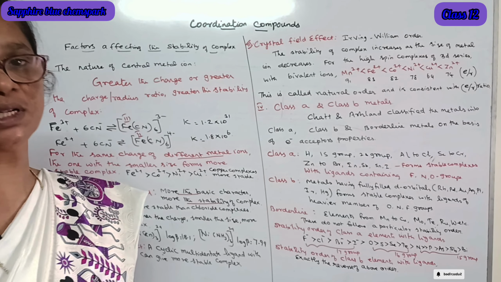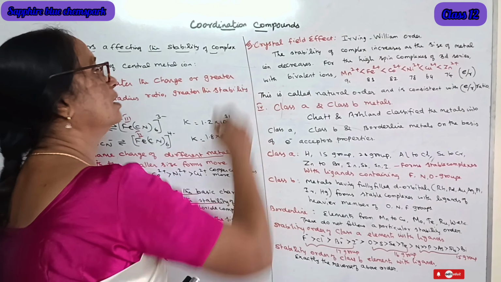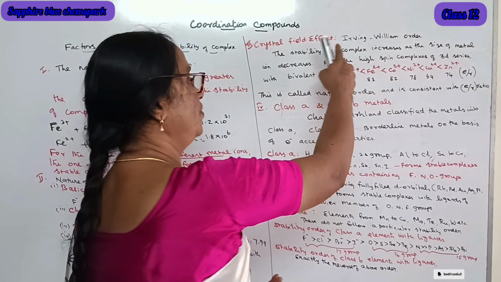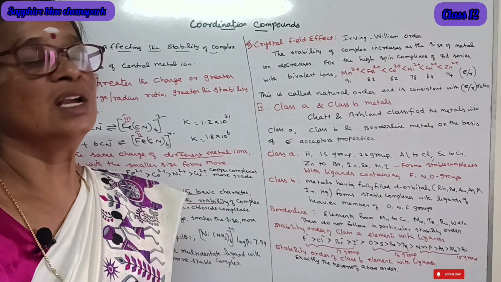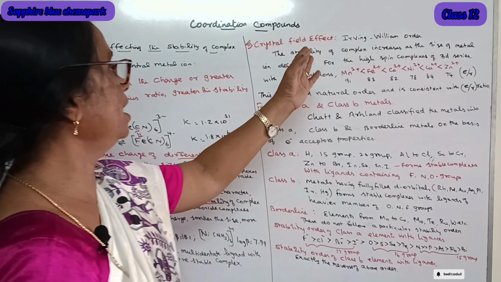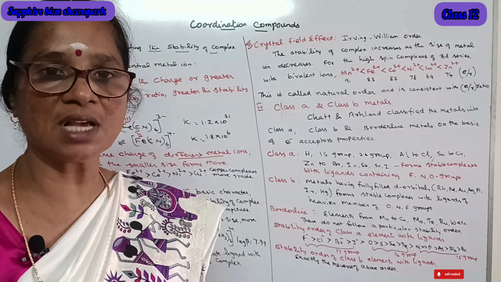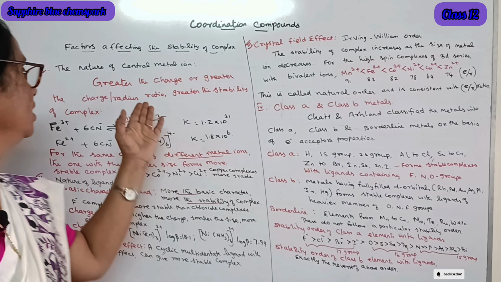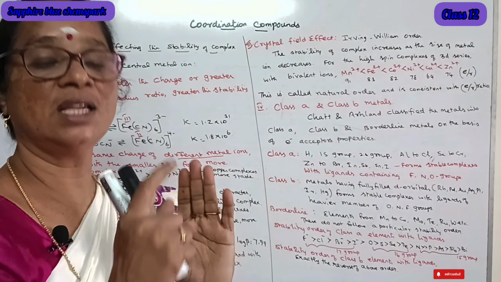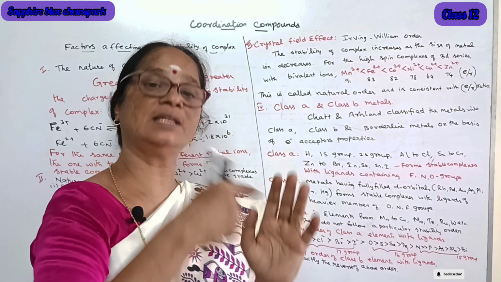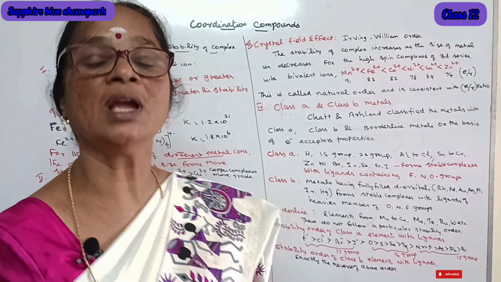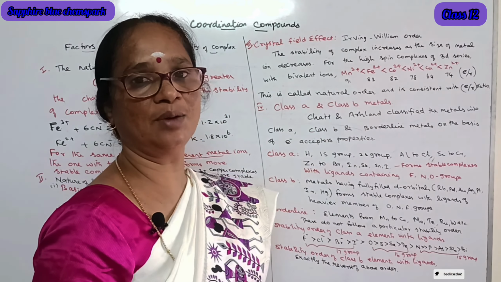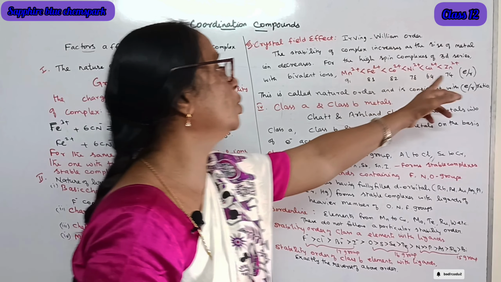The next one, crystal field effect. Crystal field effect is given by the Irving-Williams order. In this case, the stability of the complex depends on the size of the central metal ion. Already we discussed the size. If it is smaller, then the stability of the complex will be very high. So we can take the 3d series of elements from manganese to zinc.